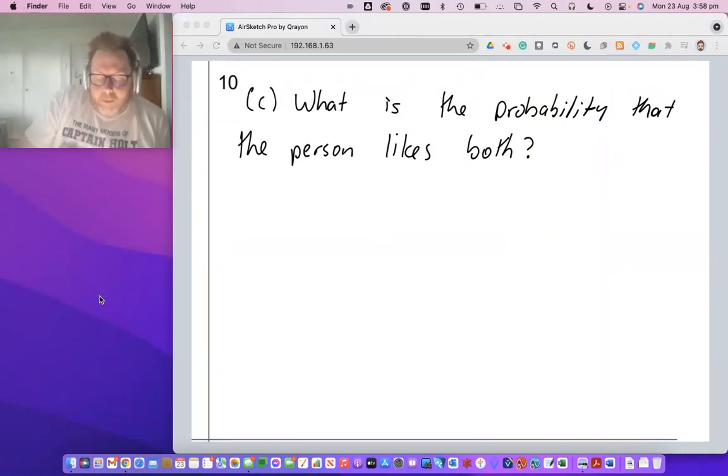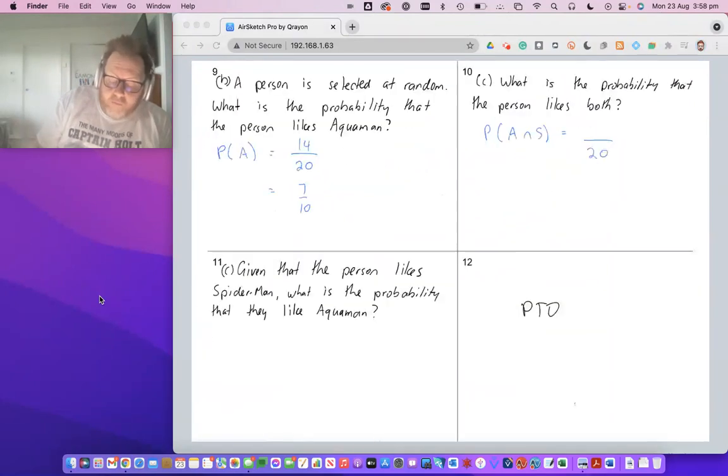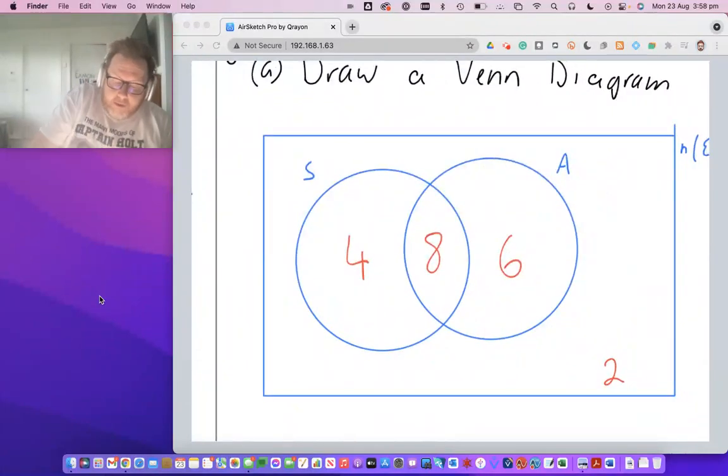What is the probability that the person likes both? Well, we can do the same sort of thing. We can go probability of both would be A and S. It's going to be over 20 again, because that's who we're sampling from. But this time, we're looking at just the middle, right? These are the people who like Aquaman and Spider-Man. Aquaman or Spider-Man will be the whole lot. But this is Aquaman and Spider-Man, so it's the middle.